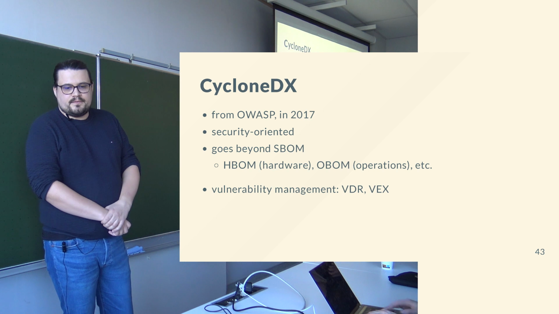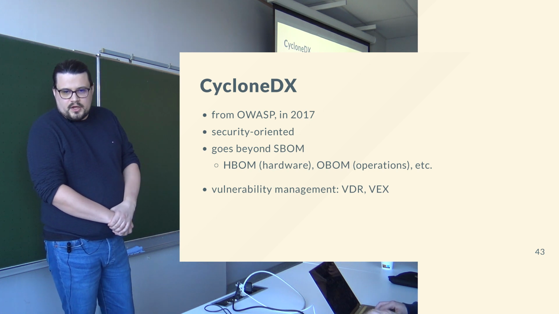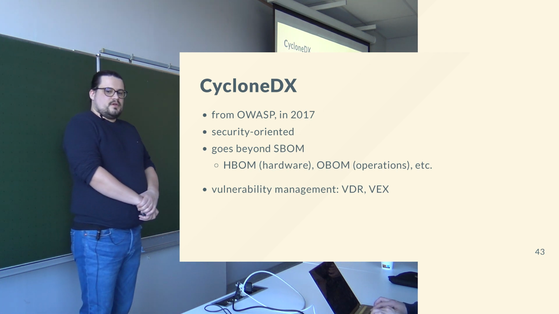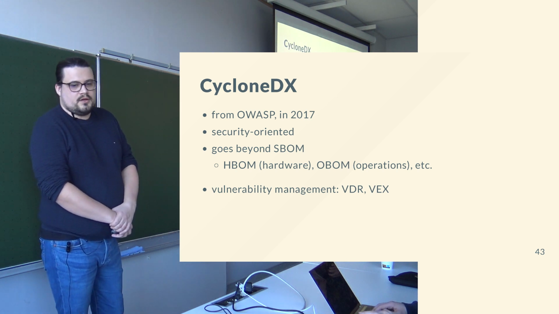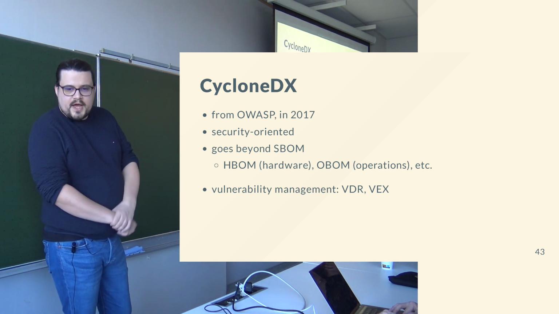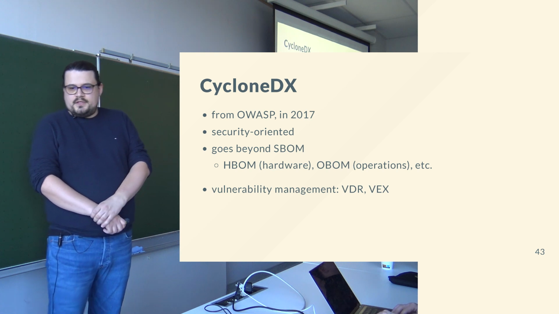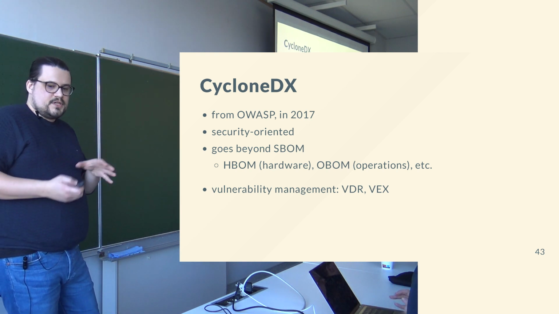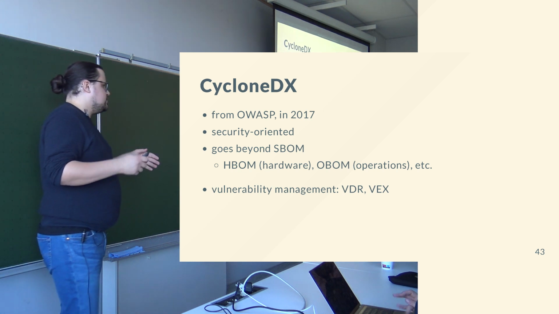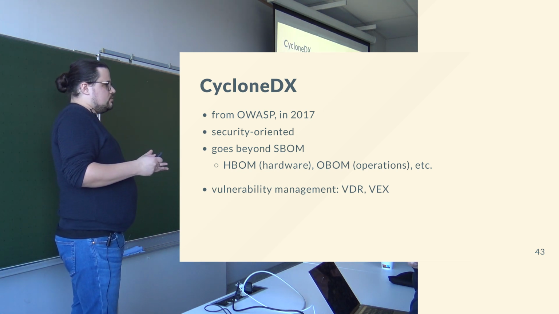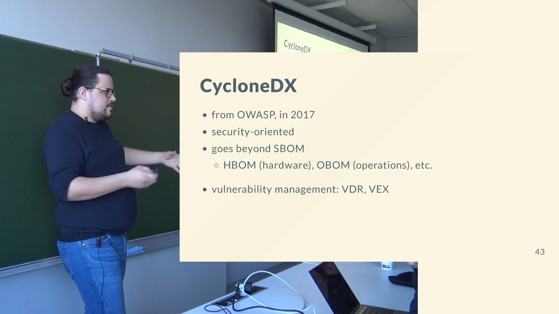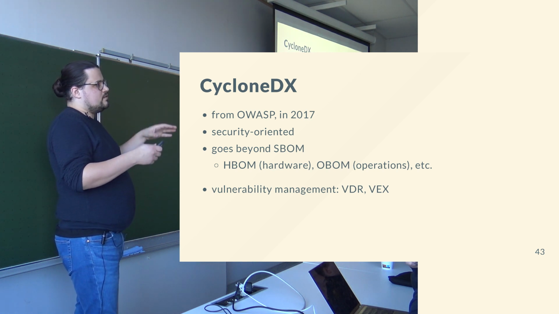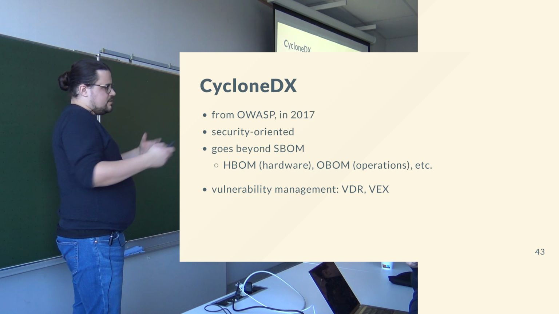And Cyclone DX also includes vulnerability management stuff. So VDR, VEX for vulnerability disclosure report and vulnerability exploitability exchange, which are formats to describe how you can report a list of vulnerabilities against a program and how you handle these vulnerabilities.